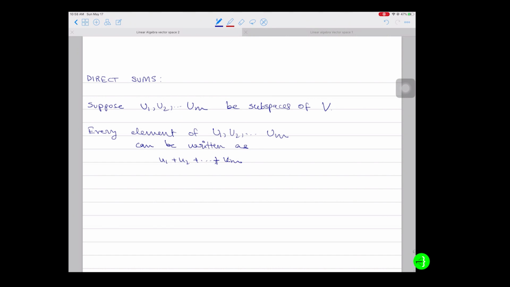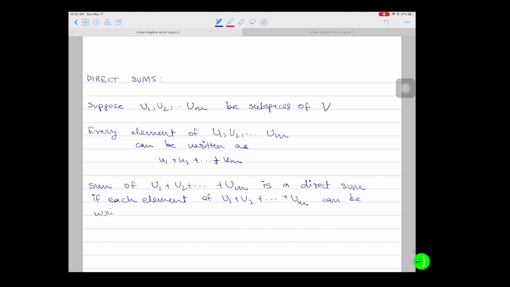And from here we say that the sum of u1, u2, such that the sum of these subsets is a direct sum if each element of u1, u2 till um can be written uniquely, which means it can be written in only one way as the sum of elements of that subset, where each of these small u's is an element of the bigger set, capital U.